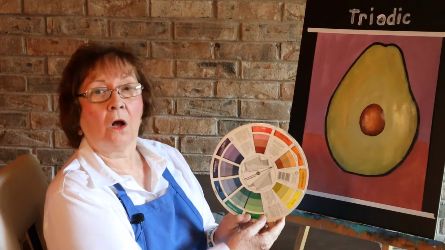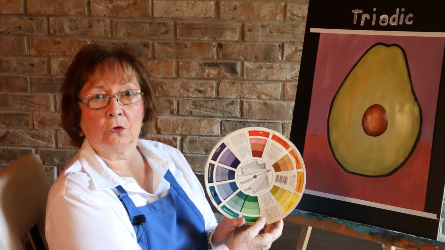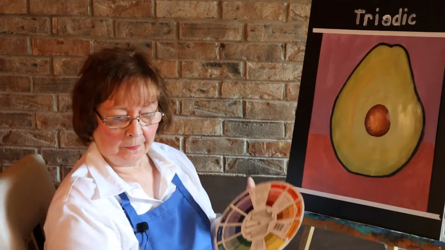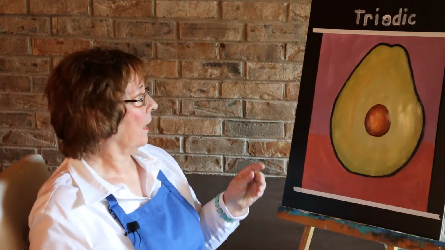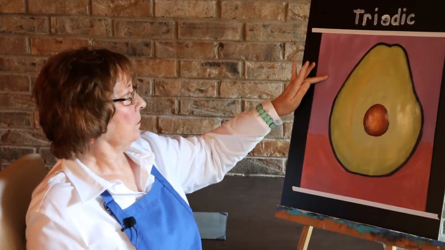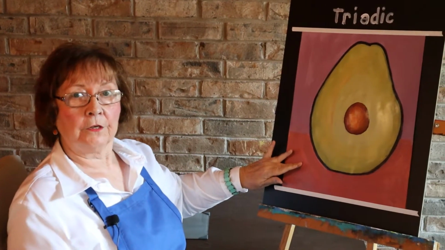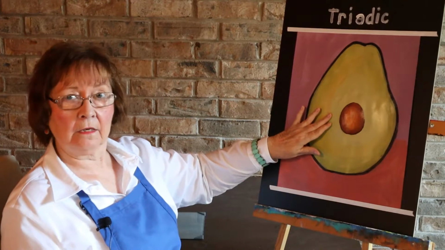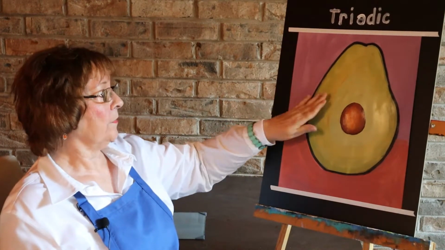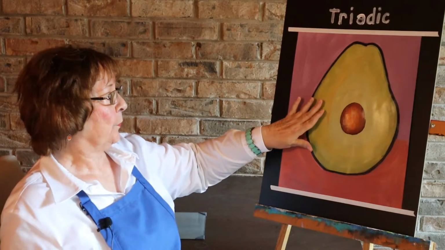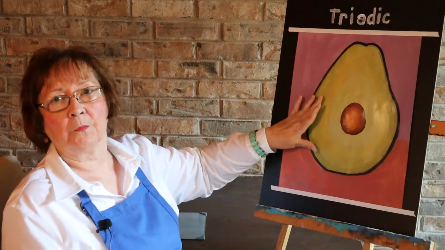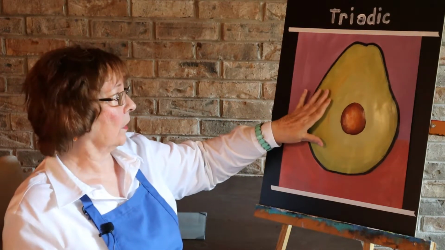And so we're using all three secondary colors to create this painting. And this is a sample. So this is the purple, and this is the orange, and this is the green. Now in this case, I wanted this green to be the dominant color because it is the subject of the painting, the avocado.